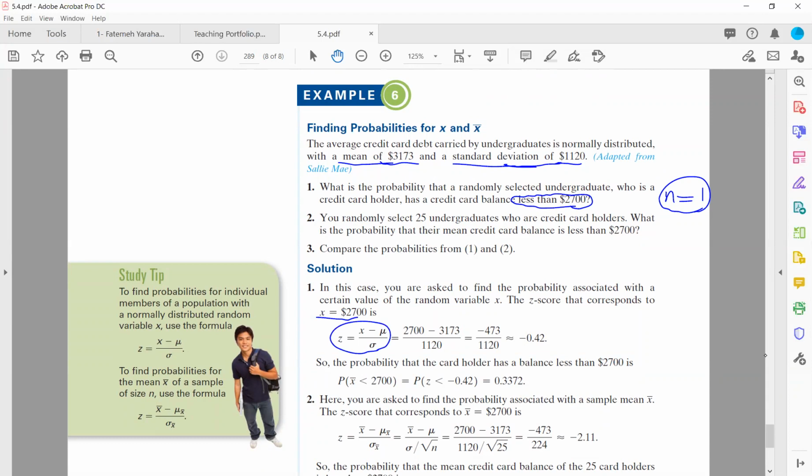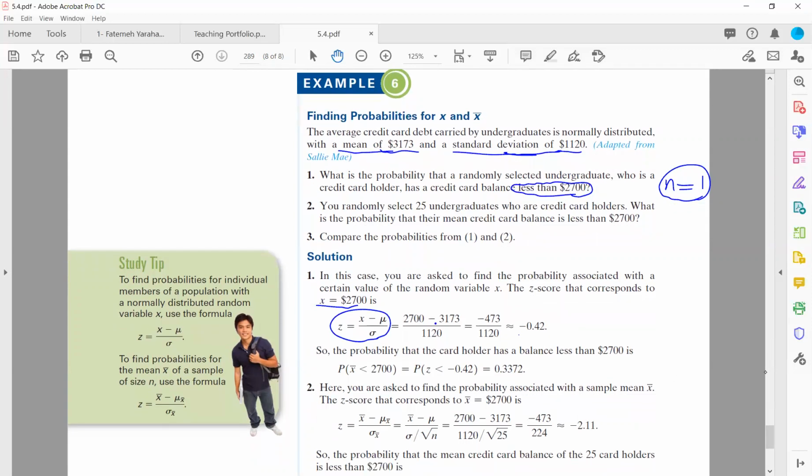Z is X minus the mean, divided by sigma. The mean is given, sigma is given, so 2,700 minus 3,173, divided by sigma 1,120, equals negative 473 divided by 1,120, which is negative 0.42. This is our Z value.